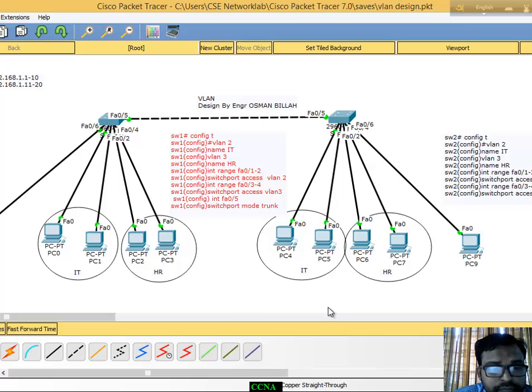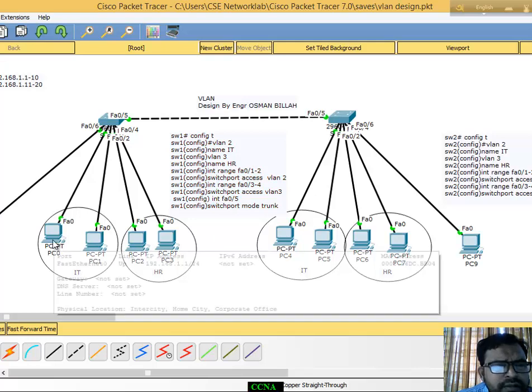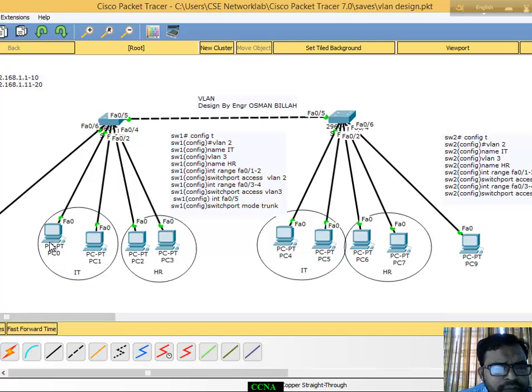So let's ping from the IT PC to the HR department, but they don't communicate with others. So let's see how it is possible.